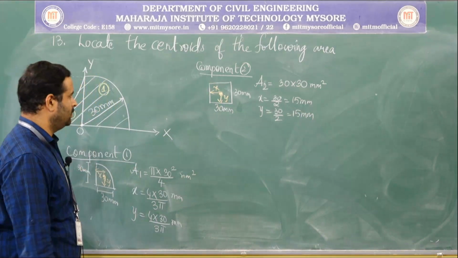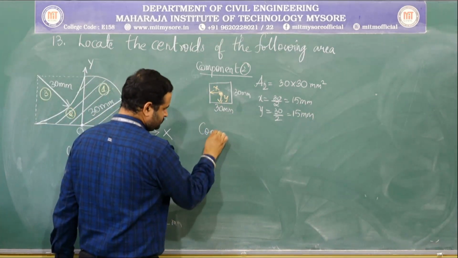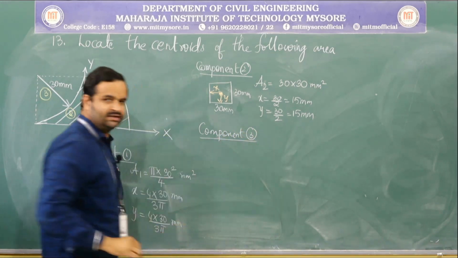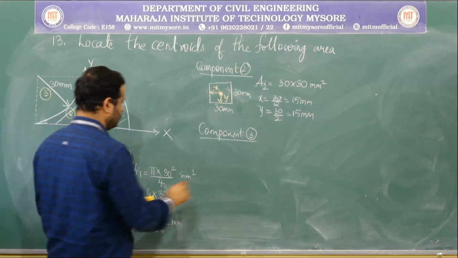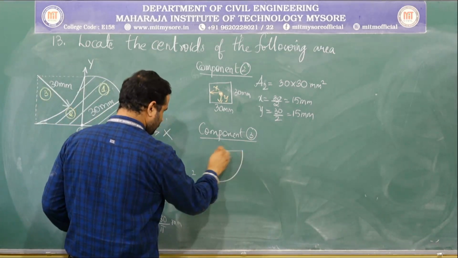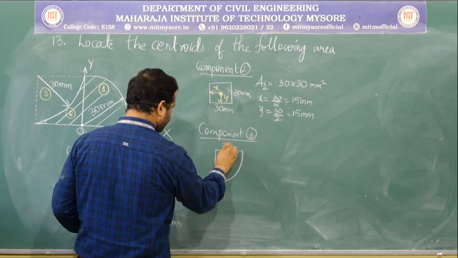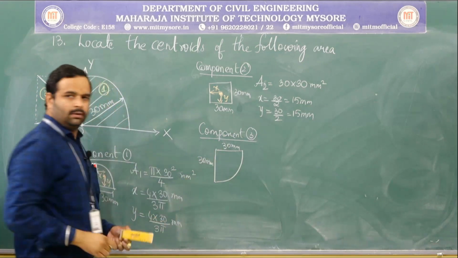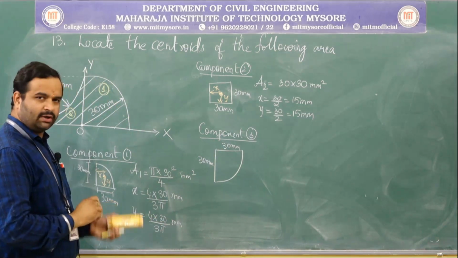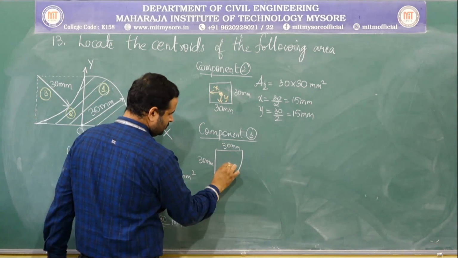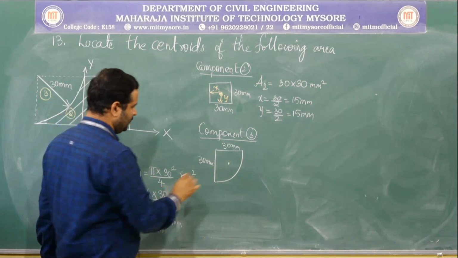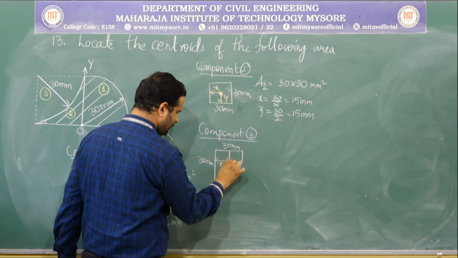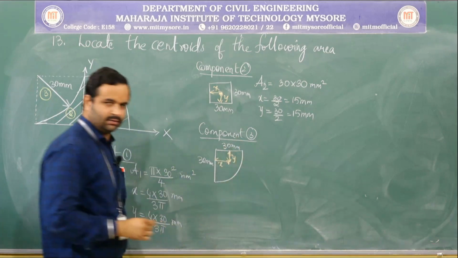15 mm. Component 3. So, component 3 is again a quadrant, 30 mm and 30 mm. So, where can we locate the centroid of this quadrant? At this point, and this will be equal to its x component and this will be equal to its y component.